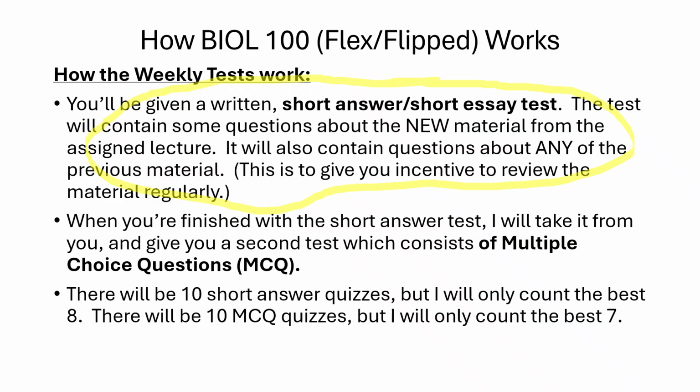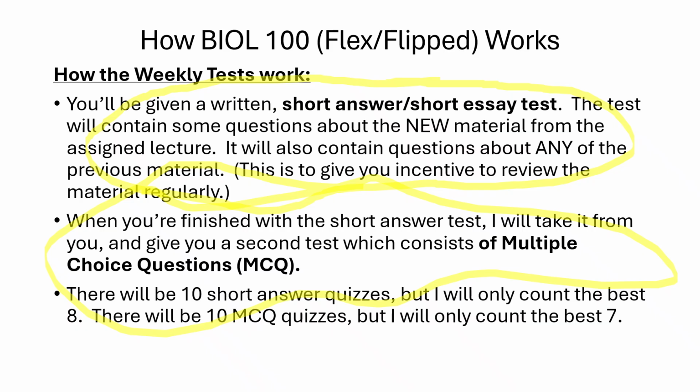Right? And so the multiple choice quiz, you have answer A, B, C, D, right? So most people find multiple choice easier than short answer. Sometimes students ask, why don't you give us the two tests at the same time? And I'm deliberately giving you the short answer question first and the multiple choice question second, because the multiple choice questions contain correct answers that give you ideas about what the answers are for short answer questions, right?